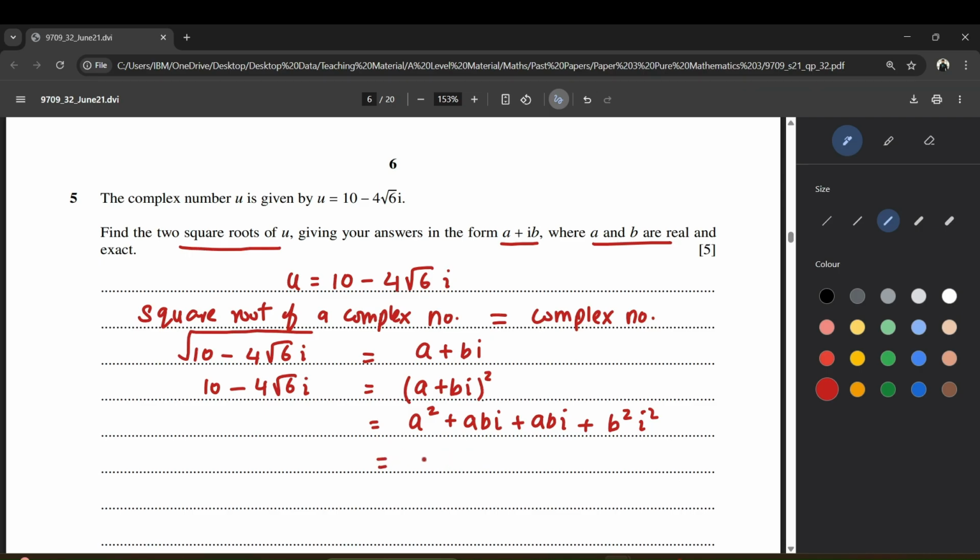Okay, so this becomes a squared, and this will be 2abi. Now we know that i squared has a value of minus 1, so we are going to substitute that minus 1 over here. So we have b squared times minus 1.